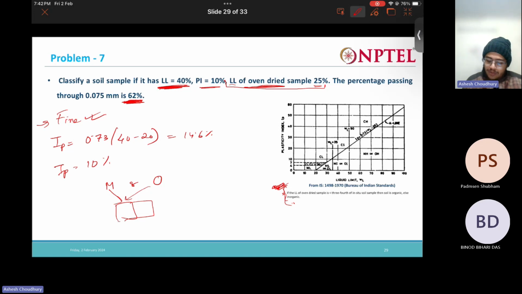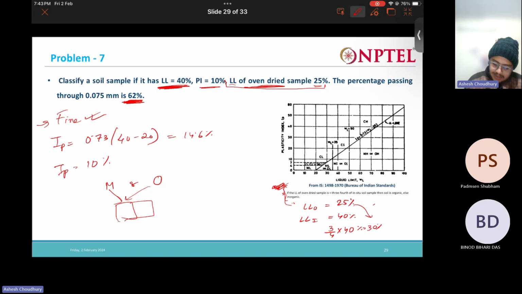So what is the liquid limit of oven-dried sample? It's 25%. Now liquid limit of in situ sample is how much? 40%. So 3/4 of 40% is how much? 30.